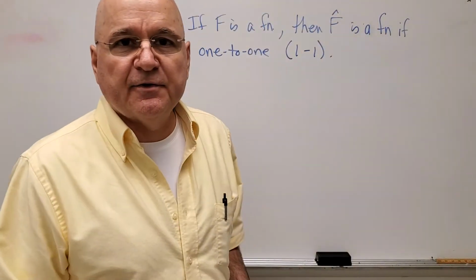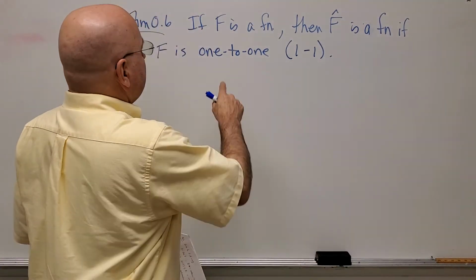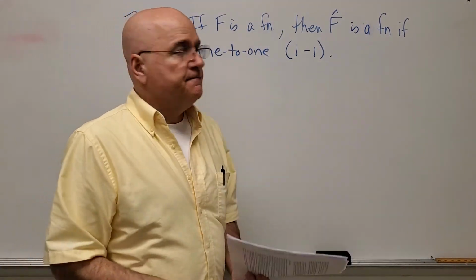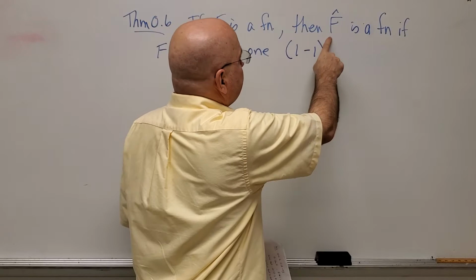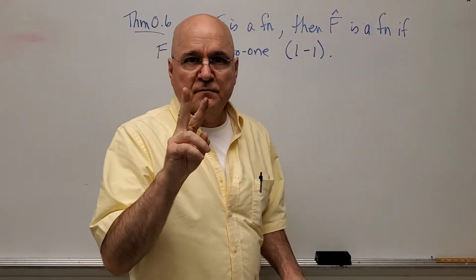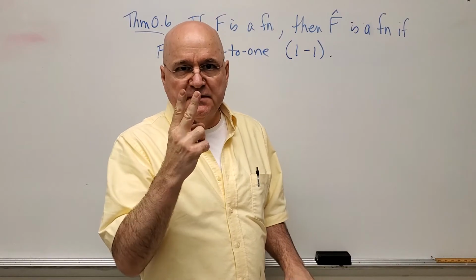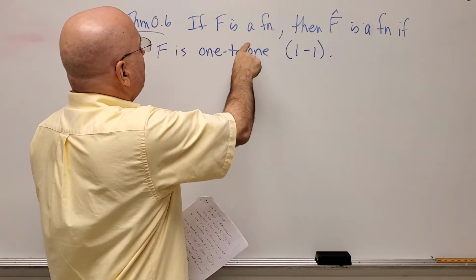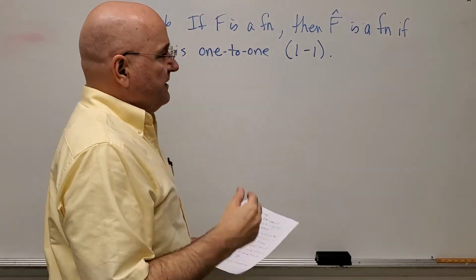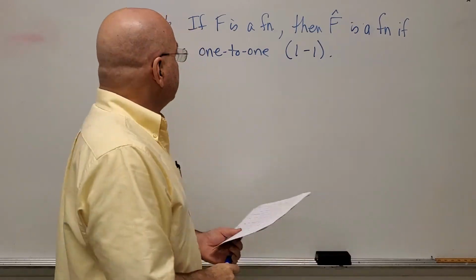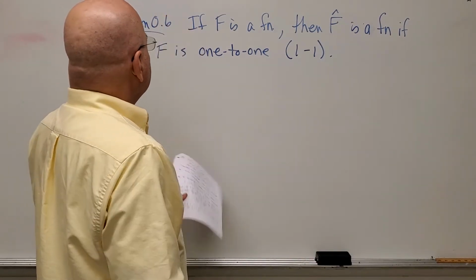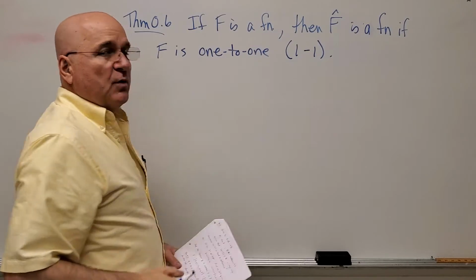Now our next theorem states that if f is a function, then the converse, the relation you get when you reverse the x, y elements of each ordered pair, is itself a function if and only if f is a one-to-one function.